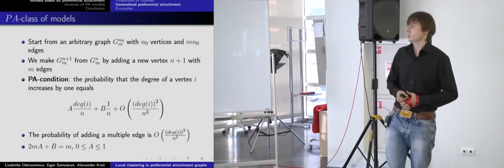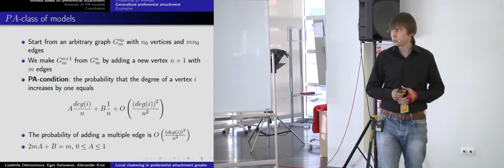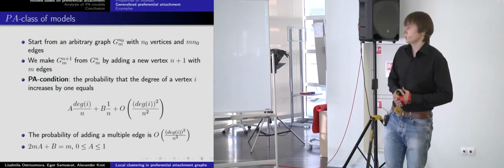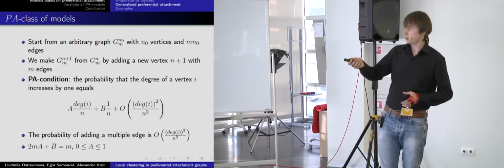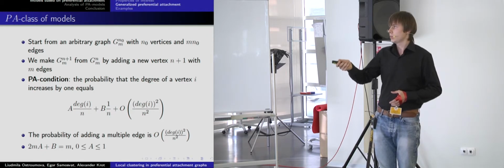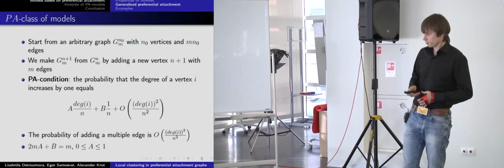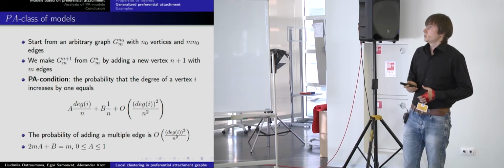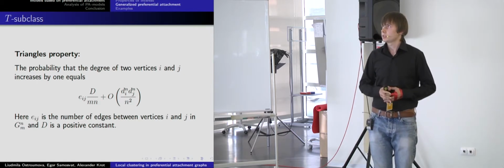And second, the parameter a, which is less than 1 and more than 0. And if a equals 1/2, we have b equal to 0, and we have the well-known model, as you know.